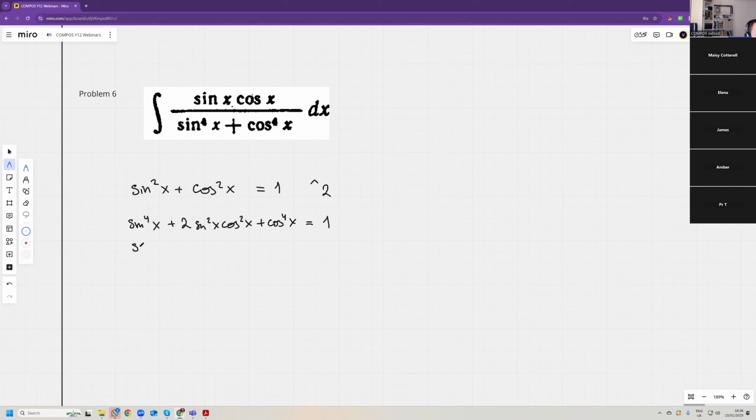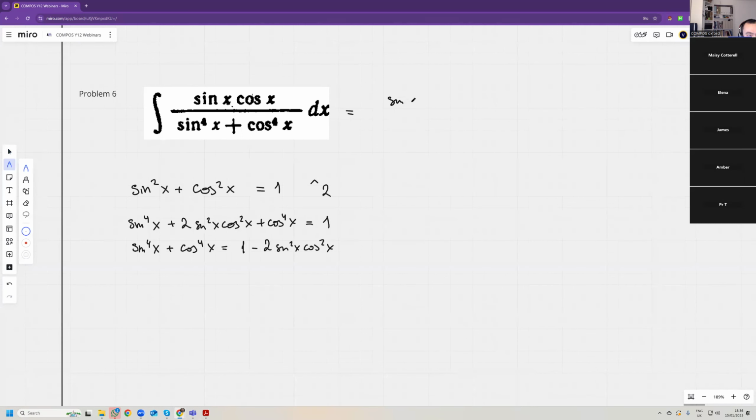From here, I can say that sine to the power 4x plus cos to the power 4x can be written as 1 minus 2 sine squared x cos squared x. And that I'm going to write here.